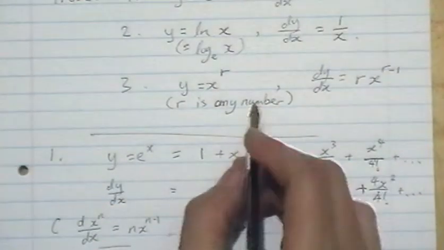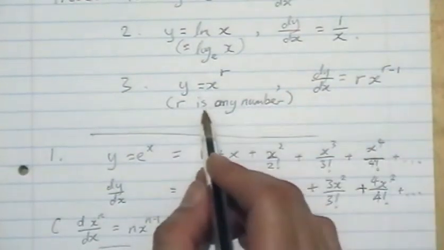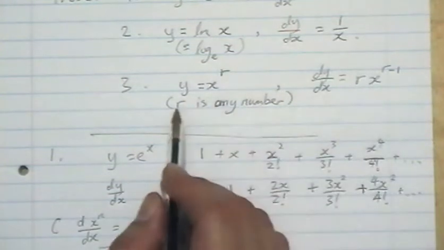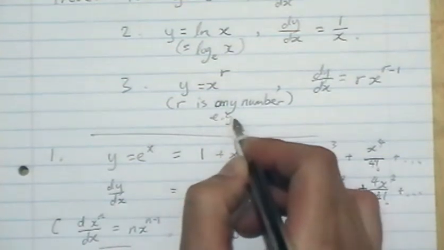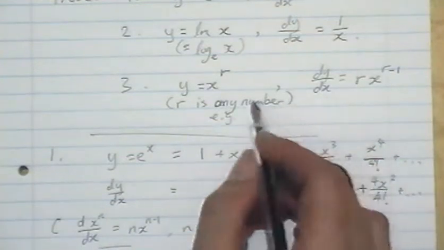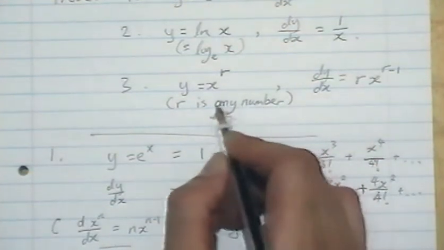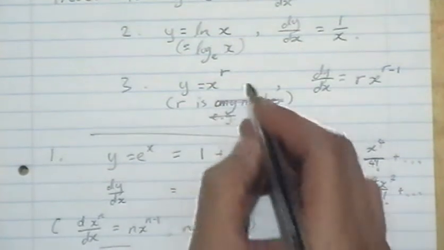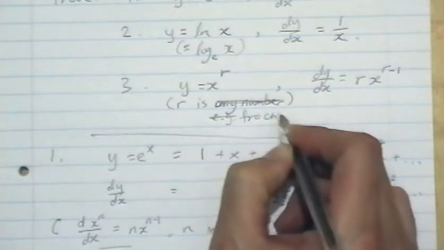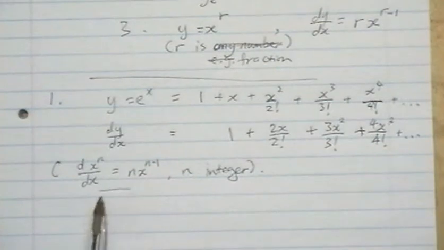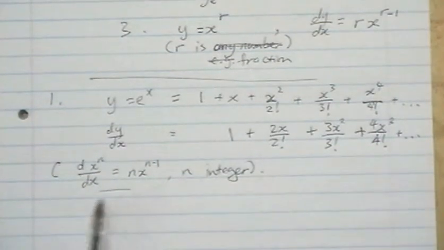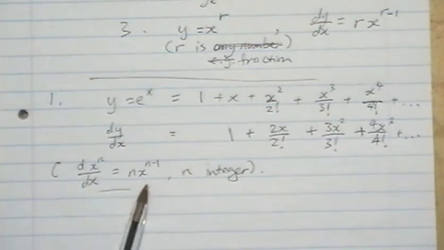Whereas in this case, I want to prove this when the power is any number. For example, let's make this quite specific: I'll just say when r is a fraction, so as to make this clear that I'm trying to prove something that is different from this formula. So this formula would be a result that I shall prove in a separate session, but I'll make use of this now.